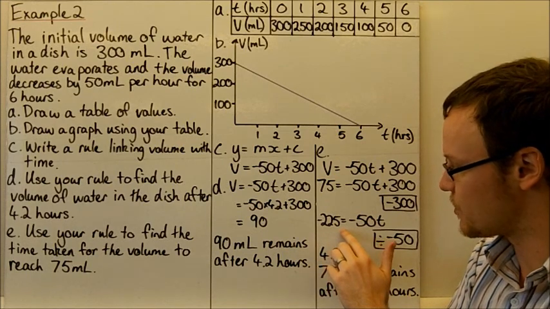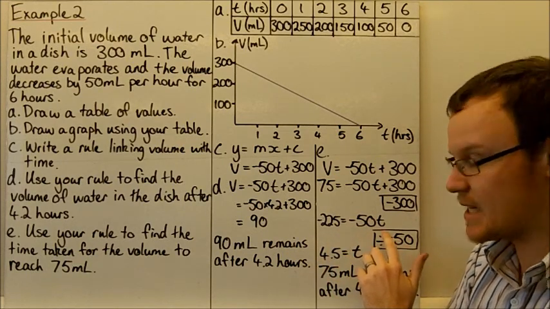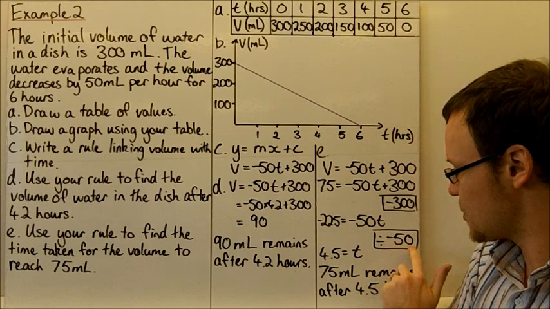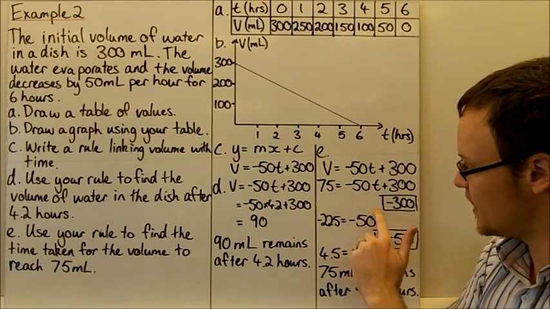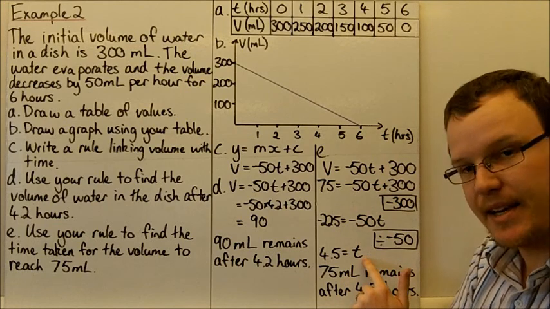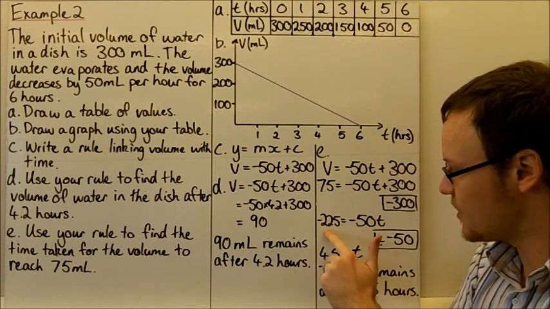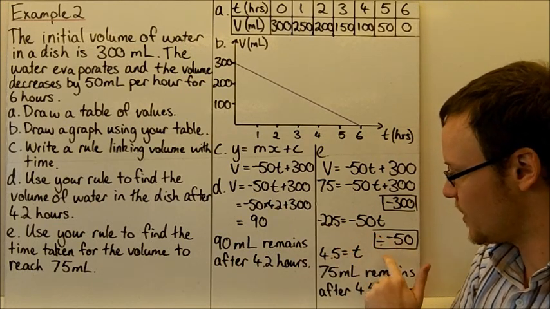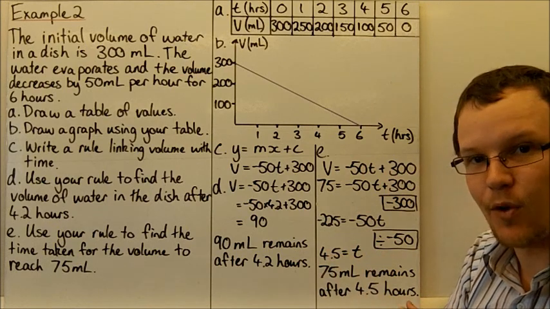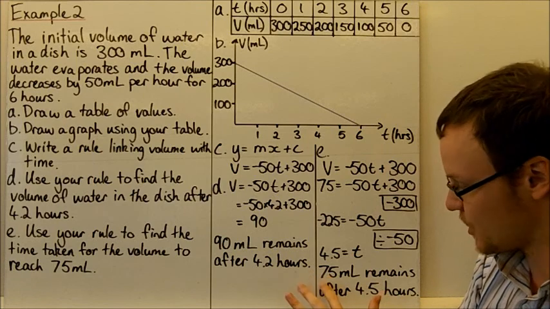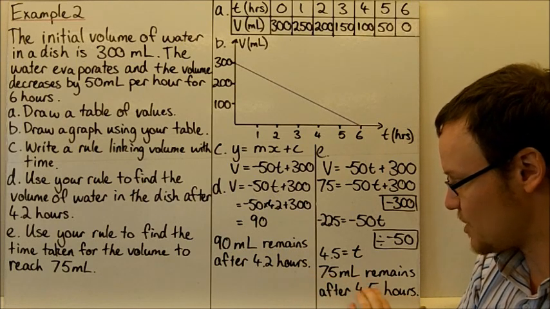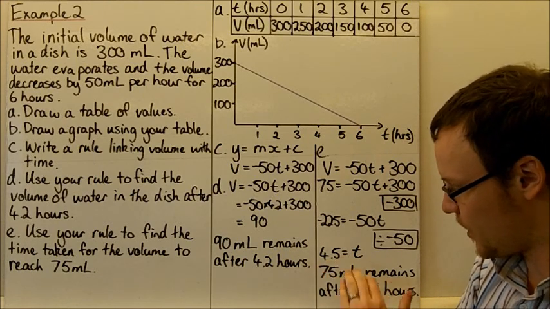So we've got negative 225 equals negative 50t. So we can divide both sides by negative 50, and that will yield just t on this side, and negative 225 divided by negative 50 is going to be 4.5. So our time is 4.5. So 75 millilitres remains after 4.5 hours.